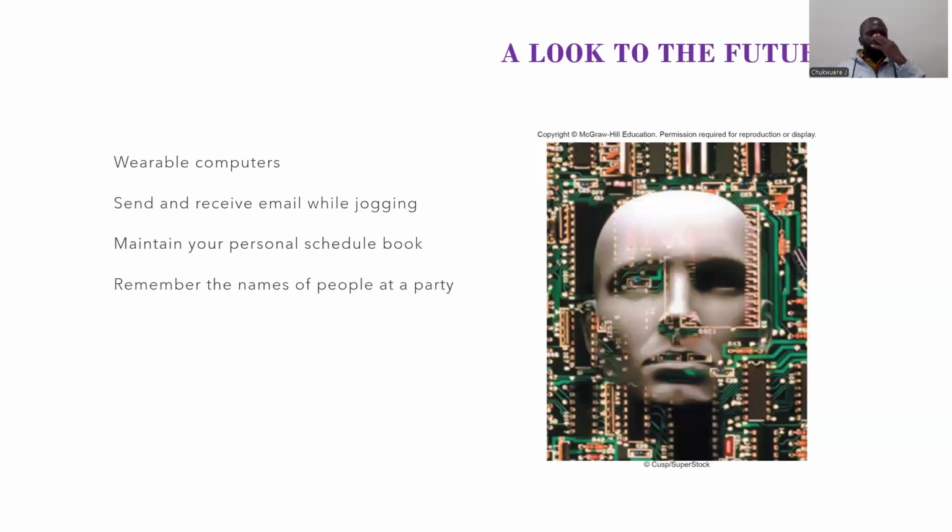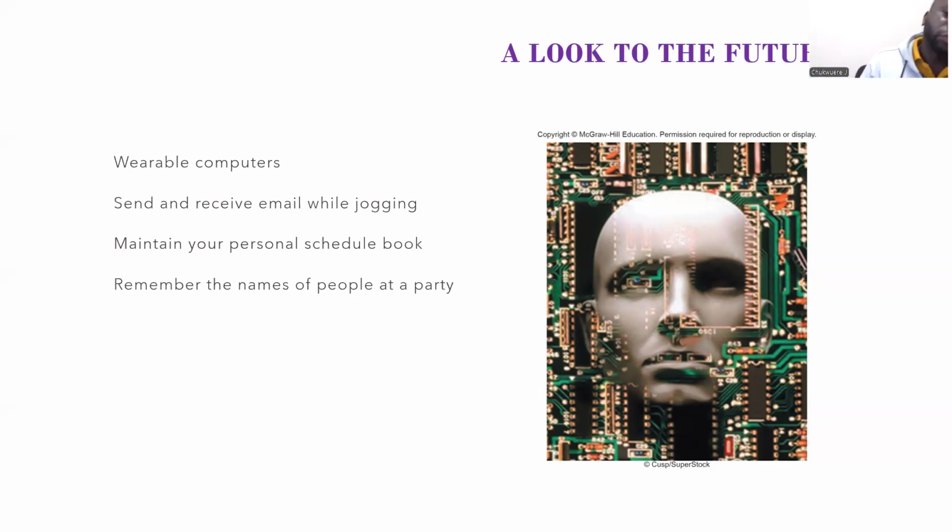When we look from today, what do we see? We see a world whereby wearable computers will be more pronounced. There will be more wearable components, wearable computers, and so on and so forth. Okay, we're going to see, going to the future, how you can send email while jogging. How is that possible?